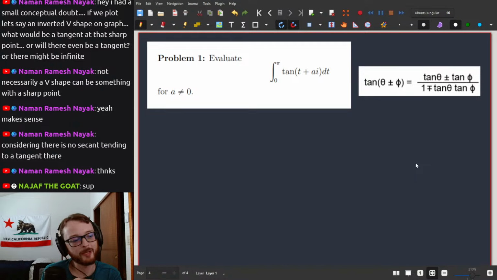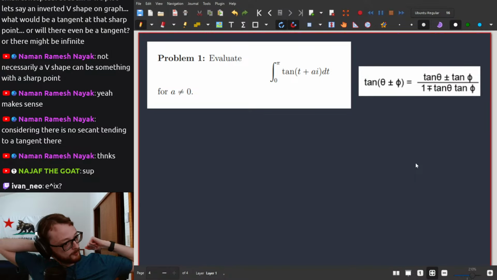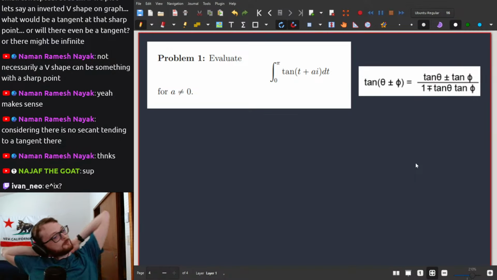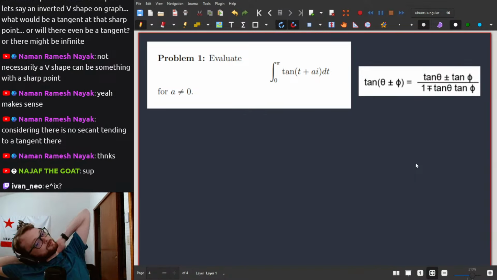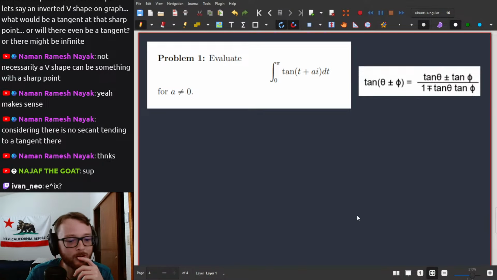So tangent normally has singularities at pi over 2 and minus pi over 2. Hey, Ivan. Oh, yeah, you know what? It might be good to go to the complex definition of tangent. I just need to remember it.